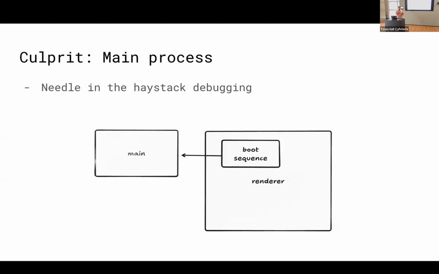Renderer and main compete for the same CPU resource, but the main process gets a bit of priority. That's what we have seen. So you should be very careful what kind of things you are doing in your main process. And that's the pattern we saw, this weird pattern happening.